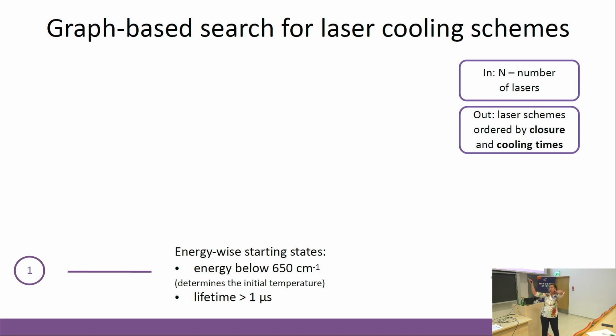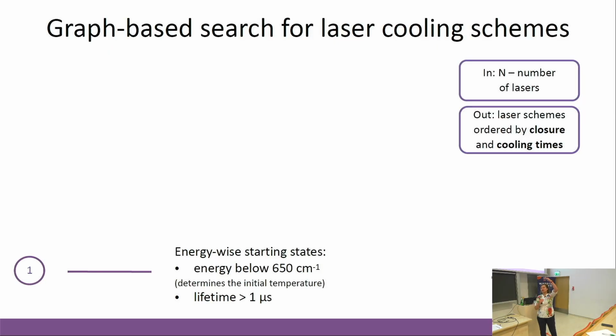What's interesting here is we can, for example, assume 500 kelvin gas, which is pretty hot, and this will allow us to access some higher lying states as starting states. But it may happen that then you find some very nice cooling scheme that will make up for this heating. But again, a good approximation.